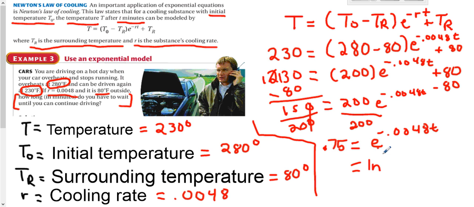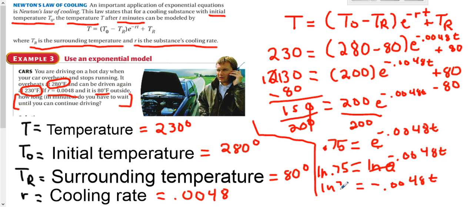So this is a ln of e to the negative 0.0048t and ln 0.75. These are inverses of each other, so I'm left with negative 0.0048t equals ln 0.75, and we're just about done.